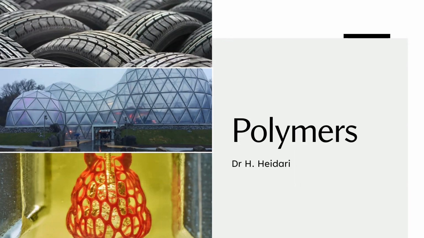We started our discussion in the last lecture about polymers. We introduced some concepts in terms of the definitions, what a polymer is made of, and how these structural features and the chemical composition of a polymer can influence its mechanical and chemical properties.